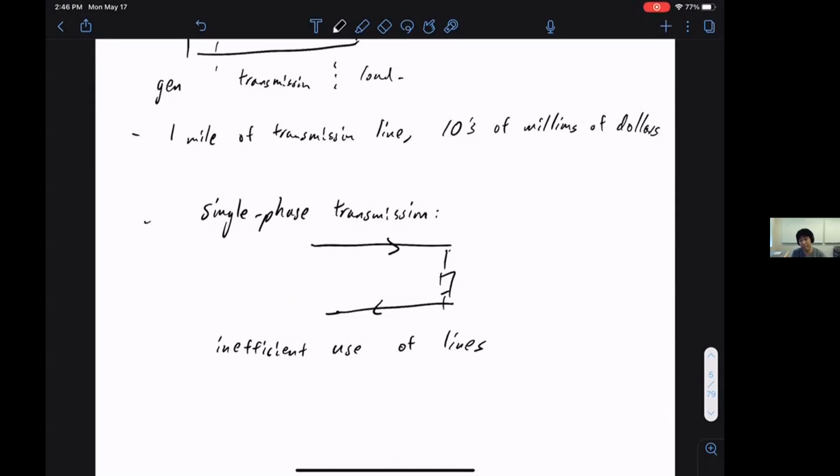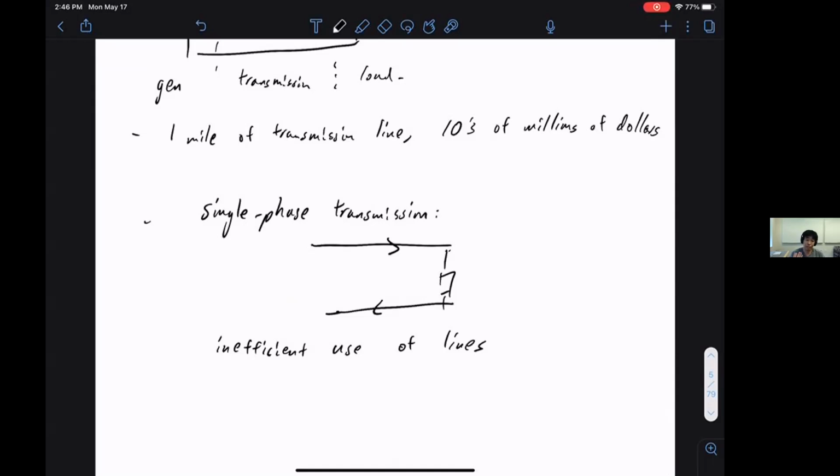For the high voltage transmission lines, the lines you see with a tower and things like that, that's tens of millions of dollars per line. And if I want to build a high transmission line around Seattle or Bellevue, that costs even a lot more than that.